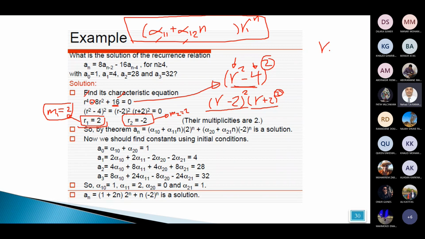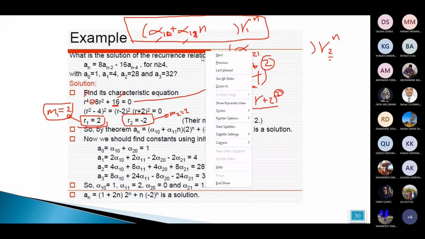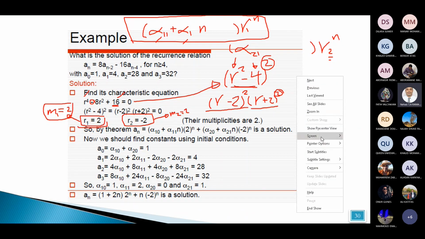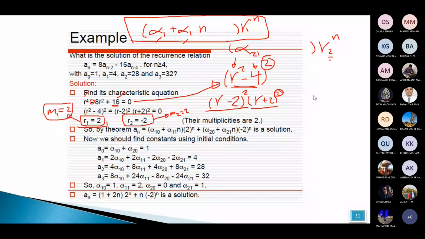The second part is r2 power n multiplied by constants. Let's start counting from 0: alpha 1,0, alpha 1,1. It's just a name for a constant; you can name them anything just to differentiate the constants.